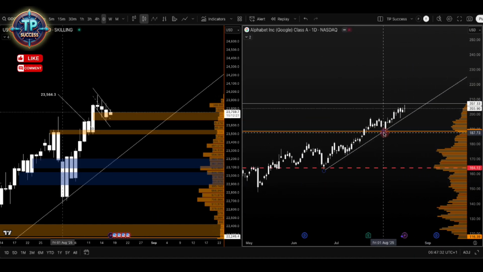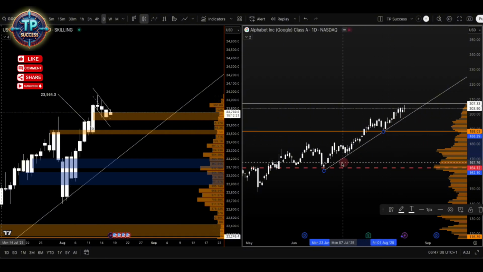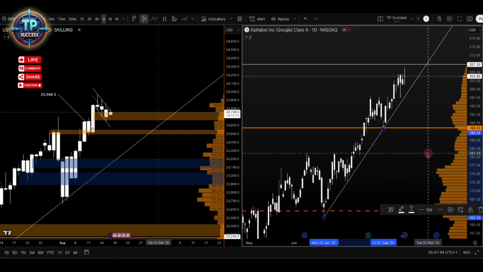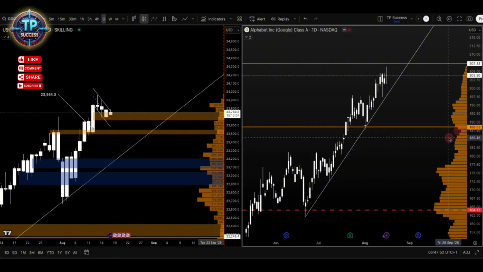That makes sense. So we're going to see if this trend line is going to get broken. If it does, then at least we know what to do, especially if you get a close into the value area high under it and it closes below the low volume node in this area right here, which is at 186.